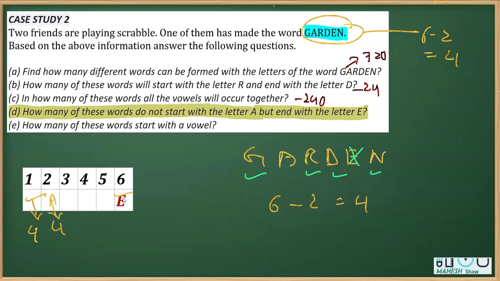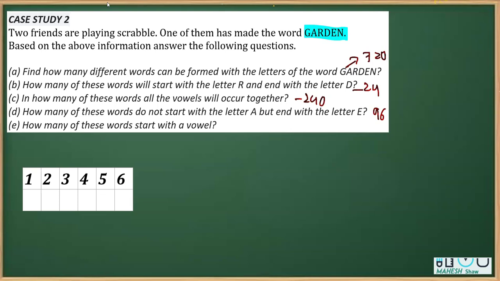I can place A or any other leftover letter. Then we will be left with 3, then 2, and then 1. So the total number of ways is 4 into 4 into 3 into 2, that comes out to 16 into 6 into 2, 96. So the answer for this part is 96.